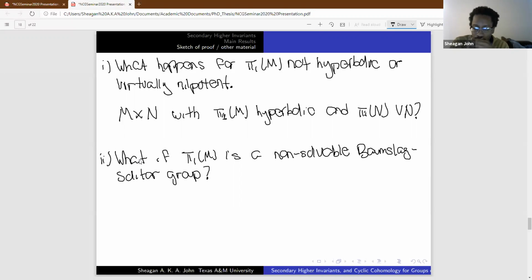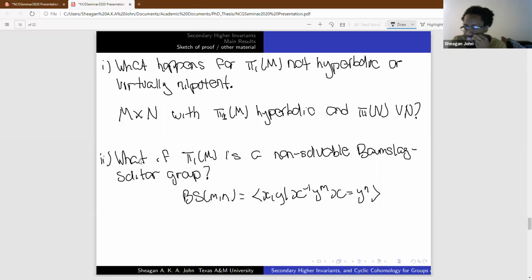And this is a bit more of a tricky question. I'll just quickly remind everyone what the Baumslag-Solitar groups are. They are very easily described: you have two generators and they satisfy this relation.